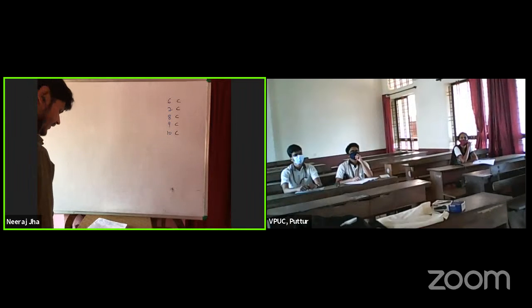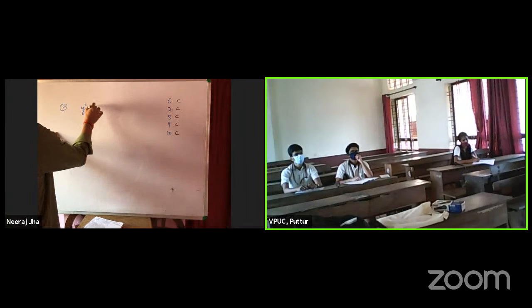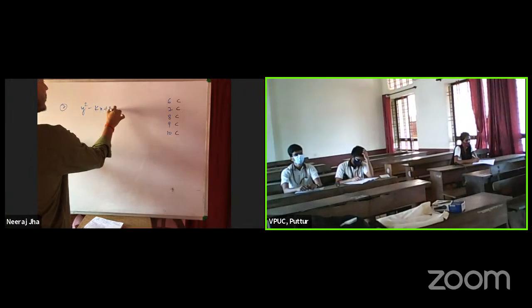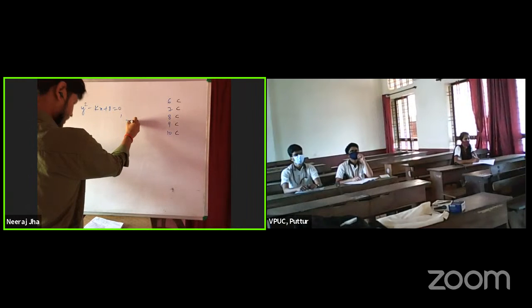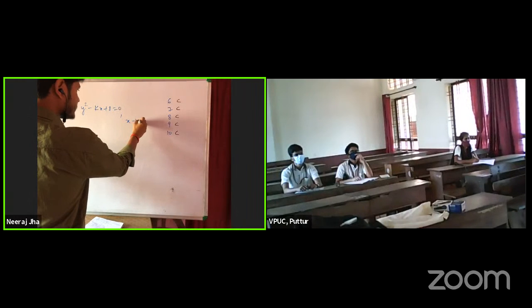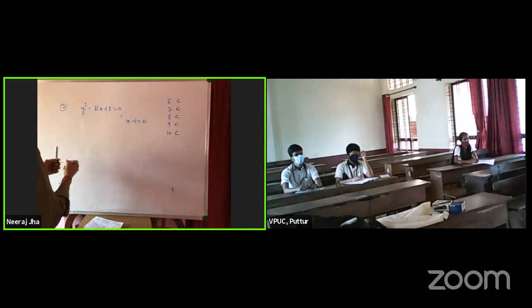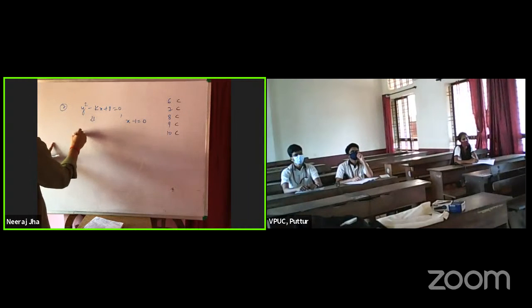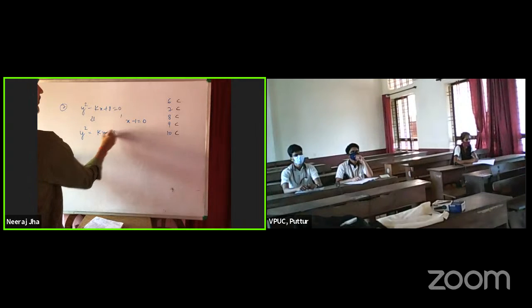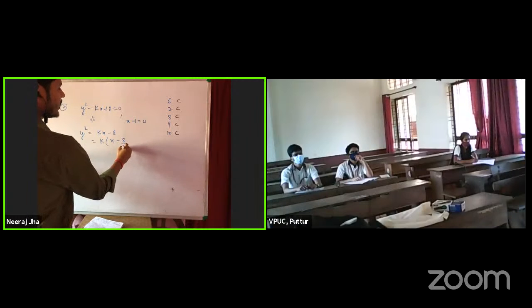The seventh problem: if x minus 1 is equal to 0 is the directrix of the parabola y square minus kx plus 8 is equal to 0. Its directrix is x minus 1 is equal to 0. No problem. I will write it like this: y square is equal to kx minus 8. I will take k common, it will be x minus 8 upon k.